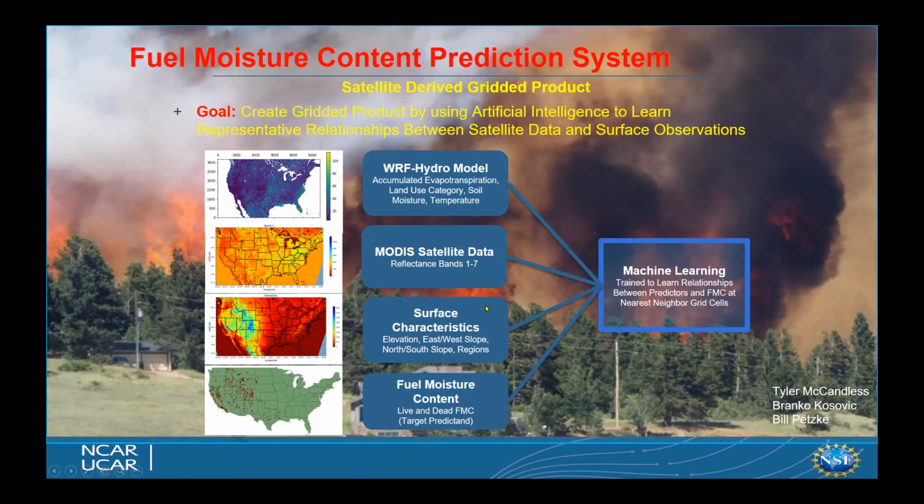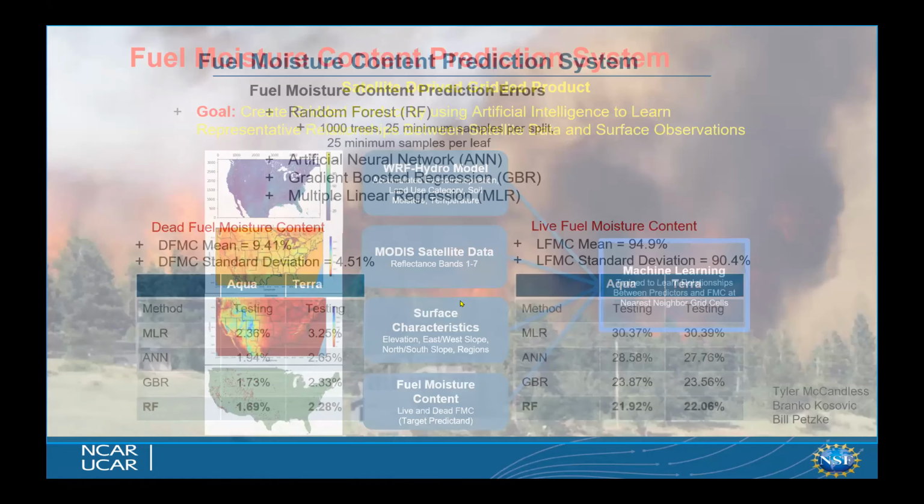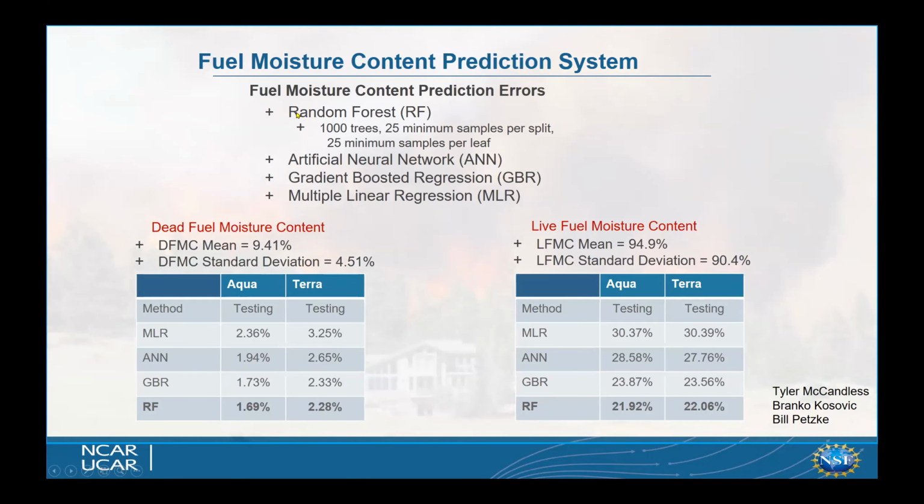Throw that into machine learning methods, looking at various different types: random forests, neural network, gradient boosted trees, multiple linear regression, comparing both dead fuel moisture content and live fuel moisture content, and bringing in data from both the Aqua and the Terra satellites.